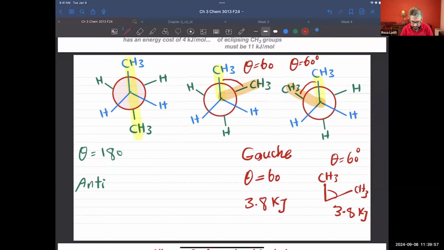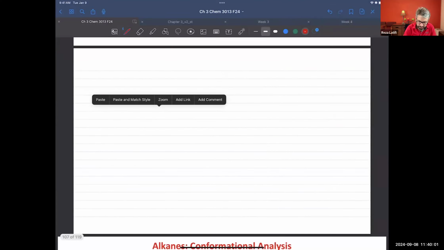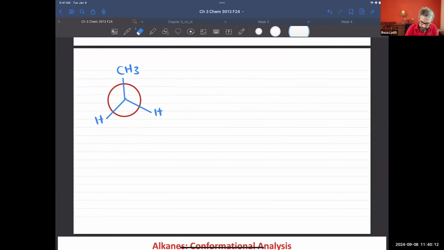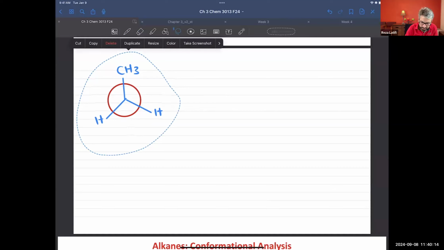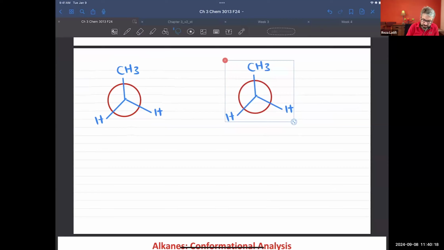And how about the eclipse position? Sorry, the eclipse position. Let me erase those. We can have a couple of eclipse positions. Let me show them. The first one is when we have hydrogen facing a methyl group.